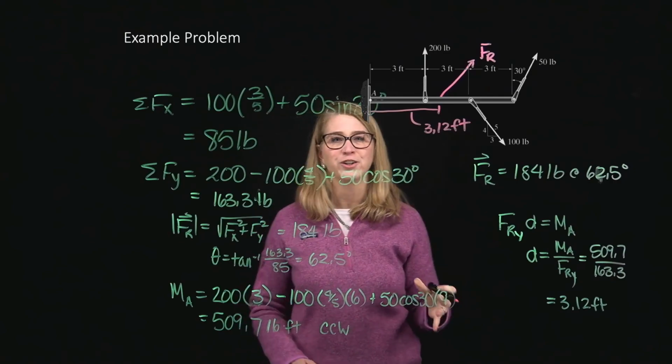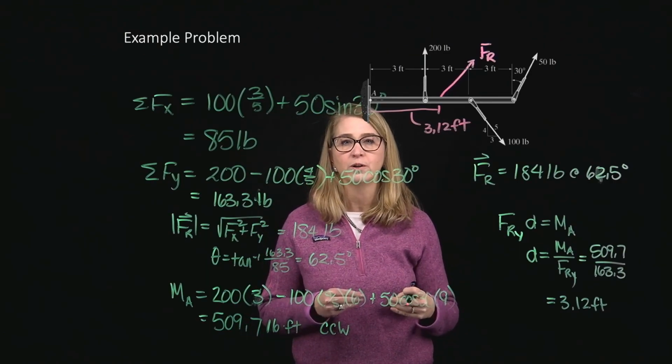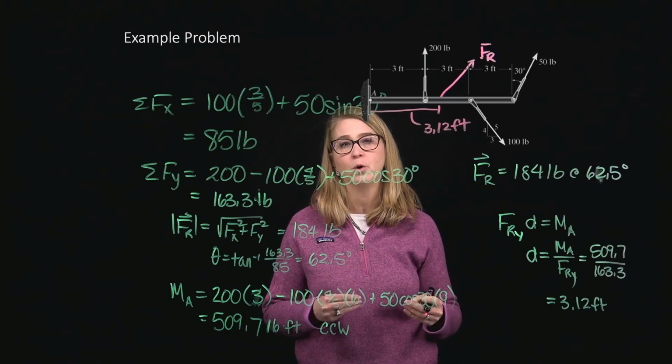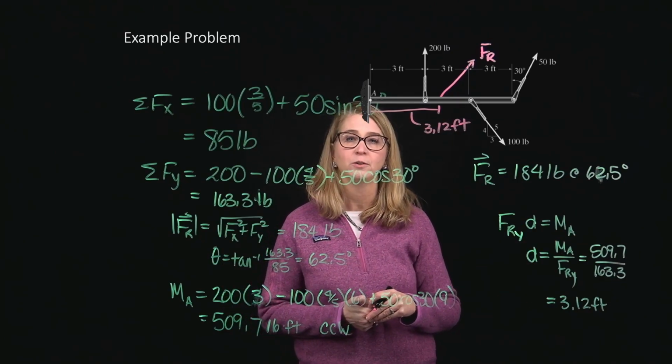And I actually could have replaced the three forces by a single force in this scenario. I actually didn't need to add a moment. And that's just an example of how we find an equivalent system.